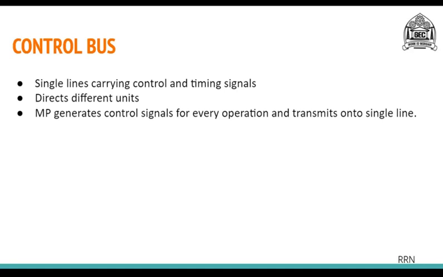This is why your control bus is very important, because it actually guides the basic operation of the instruction, or your machine language program that is converted from your assembly language. So this is how the three important buses are structured. We will see the pictorial representation of the same.